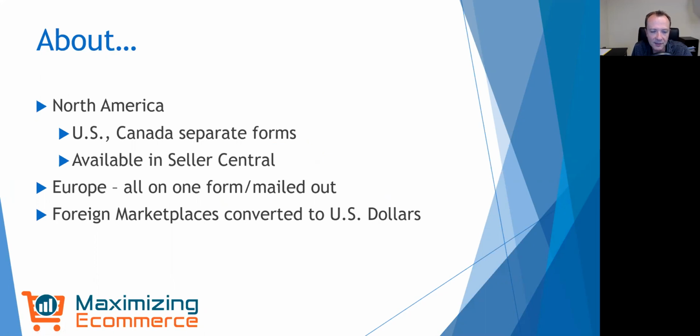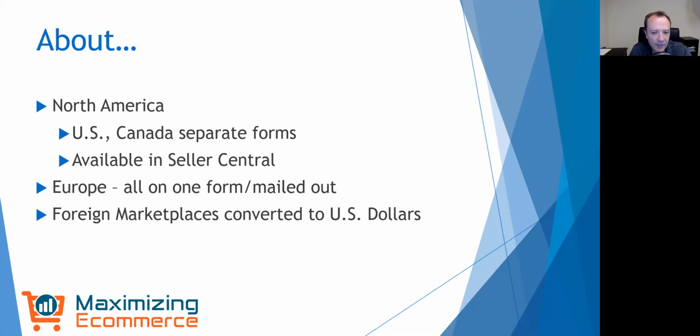So if you have less than that in Canada, but you have that much in the US, you're going to get a 1099 for the US, but not for Canada. And that's going to be available in Seller Central. I'm going to show you in another slide.